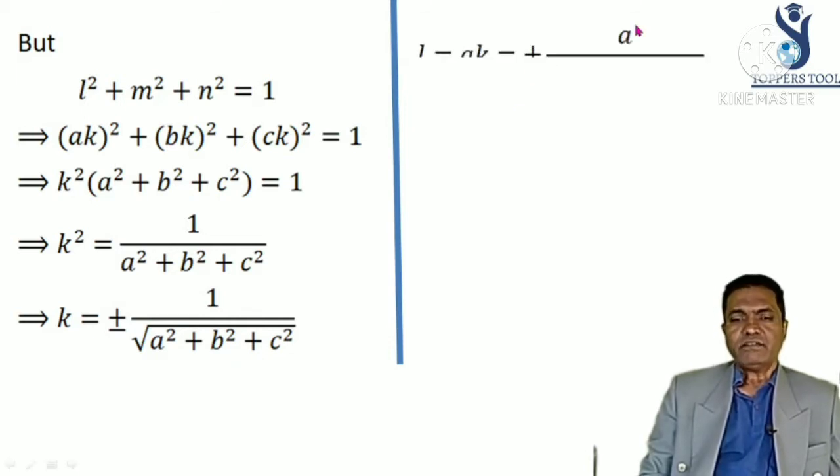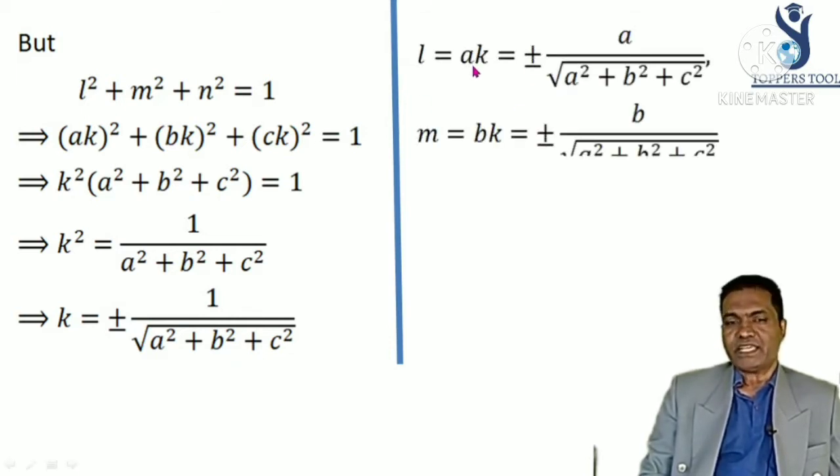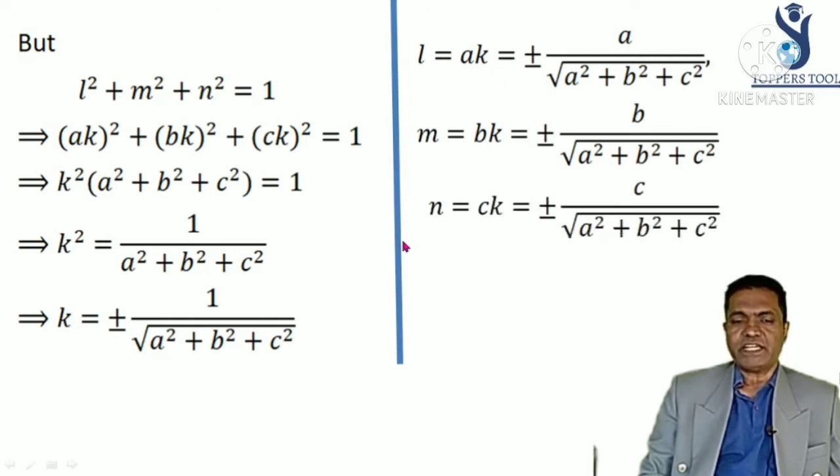Now we have l equal to ak, so substitute the value of k, which is 1 divided by this root. You will get l equals a by root of a square plus b square plus c square. m is equal to bk, substituting k again, and n is equal to ck, so you get this much.